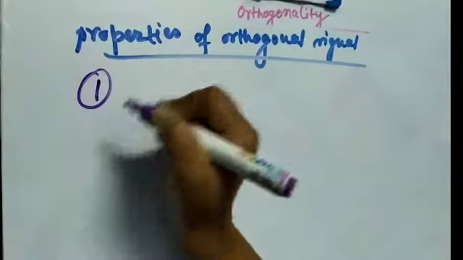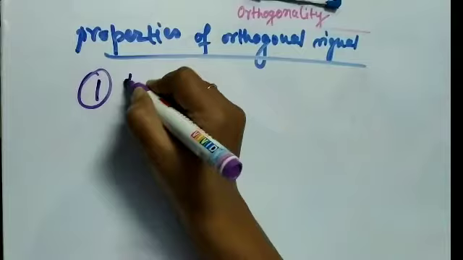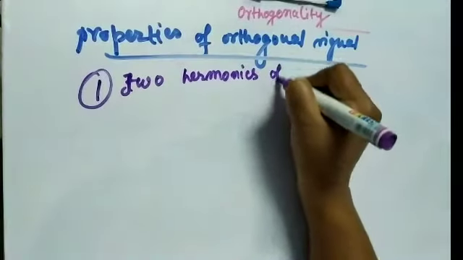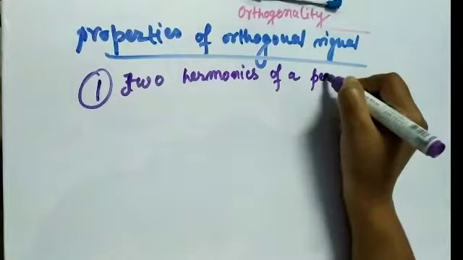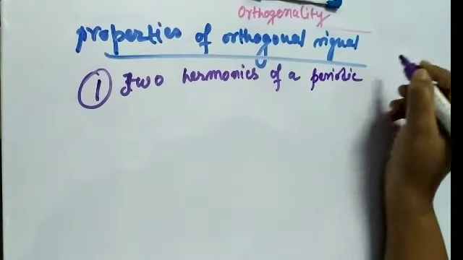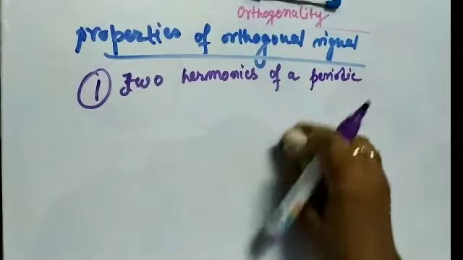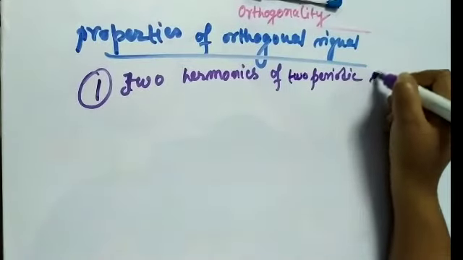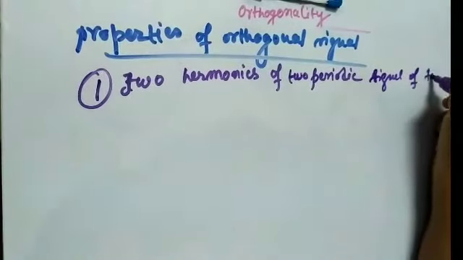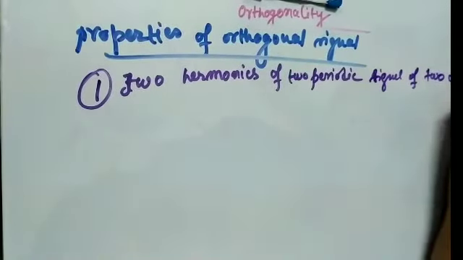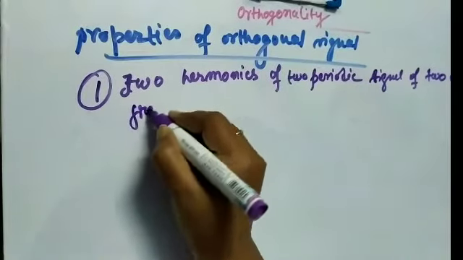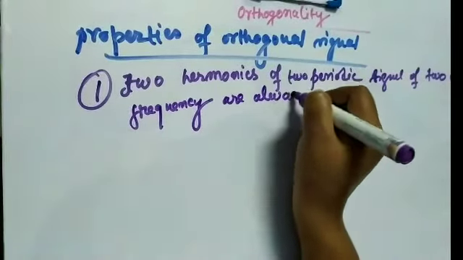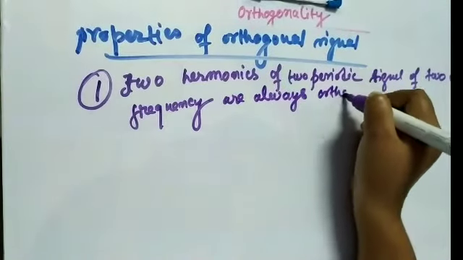Again, I am repeating property number 1: two harmonics of two periodic signals of two different frequencies are always orthogonal.